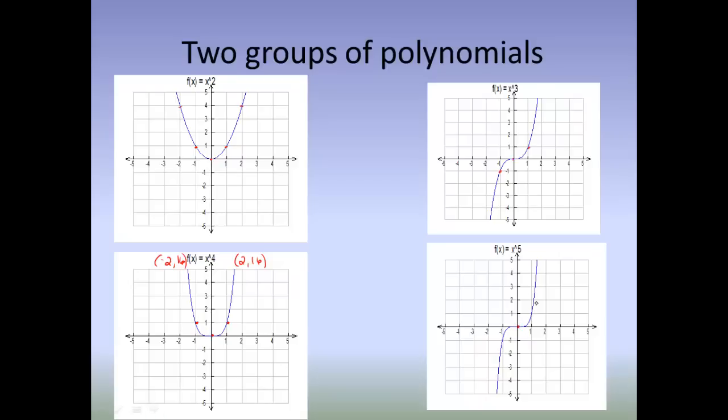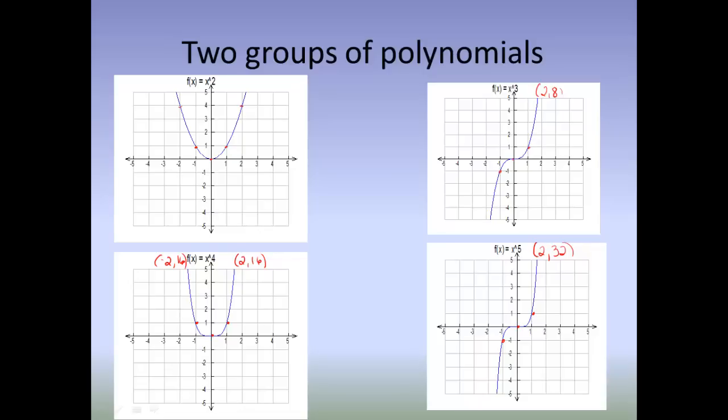It also has (0, 0), (1, 1), (-1, -1), but again, it's going to be pulled skinnier. If we look at 2, x cubed would have the ordered pair (2, 8). Here, it's the ordered pair (2, 32). So you can see it's just going to get pulled up a lot taller.